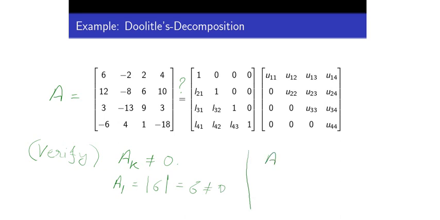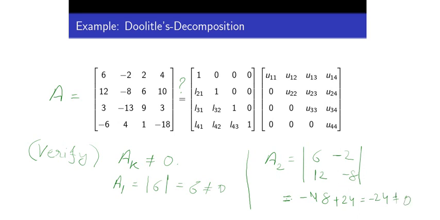Similarly A2 is 6 minus 2, 12 minus 8, the first two rows and first two columns. That equals minus 48 plus 24, which is minus 24, again non-zero.